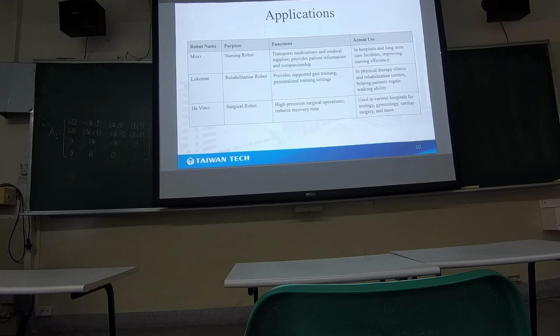In summary, the structure of these three robots plays a critical role in their practical applications. MOSI's built platform and robotic arm has been successfully implemented in several hospitals, assisting staff with the efficient transport of medical supplies and reducing their workload.